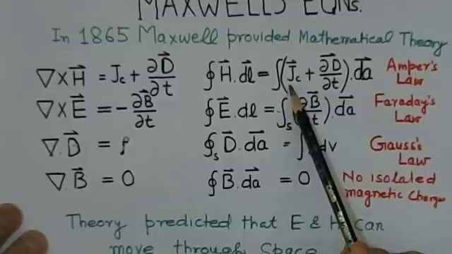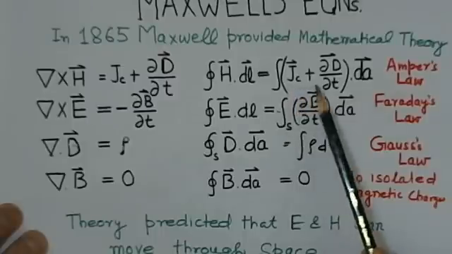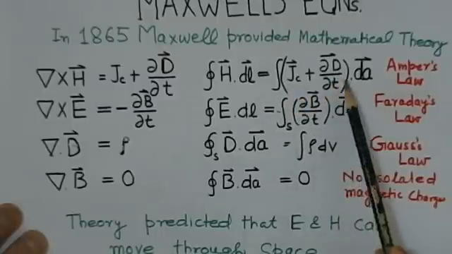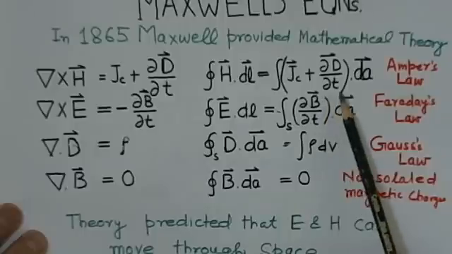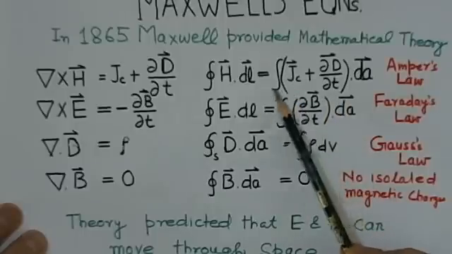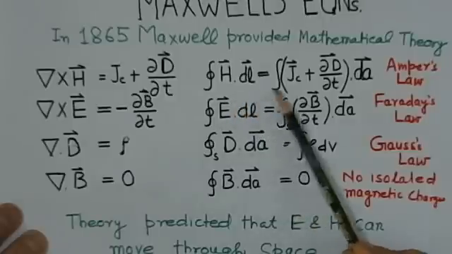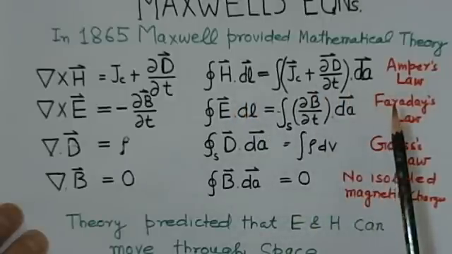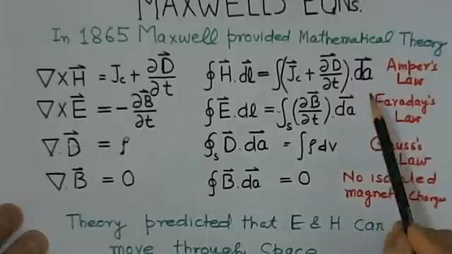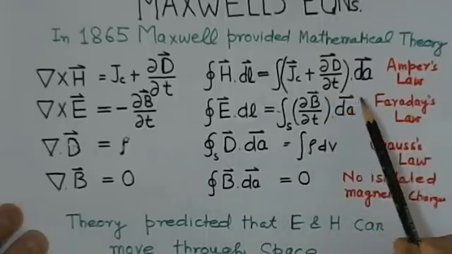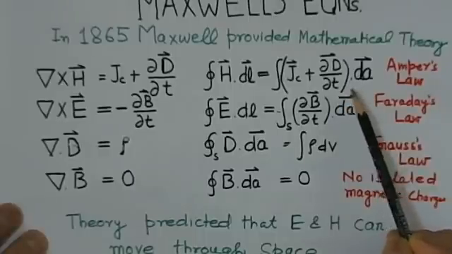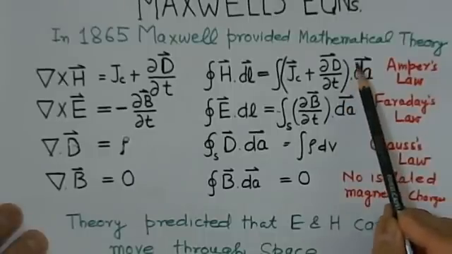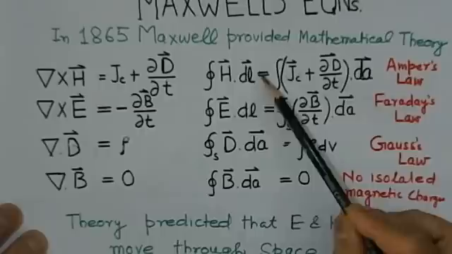One part of the current density is Jc, the conduction current density, and the other part is the displacement current density.